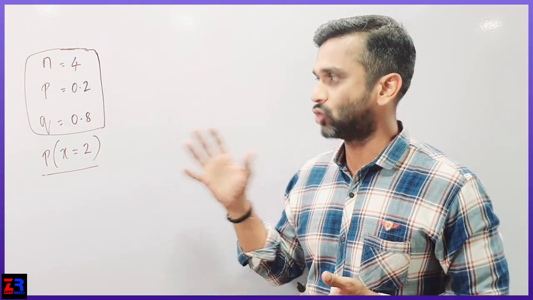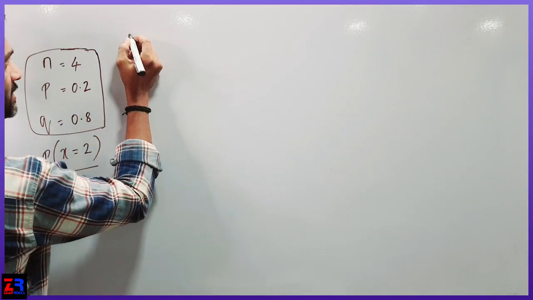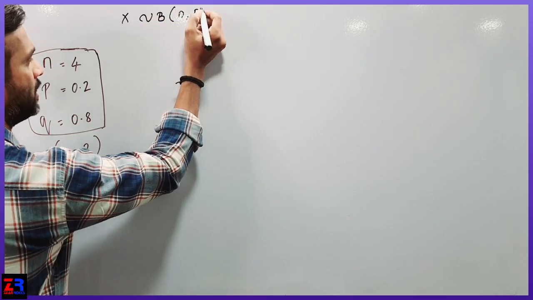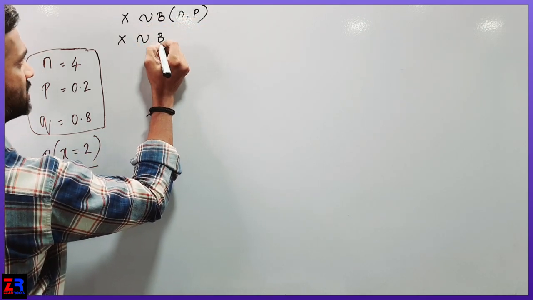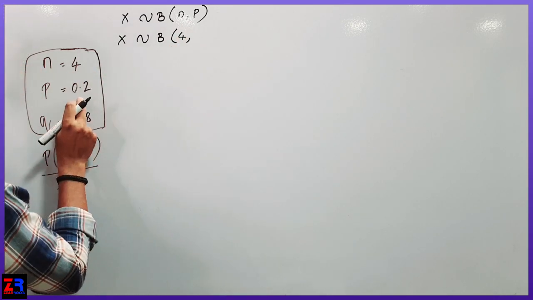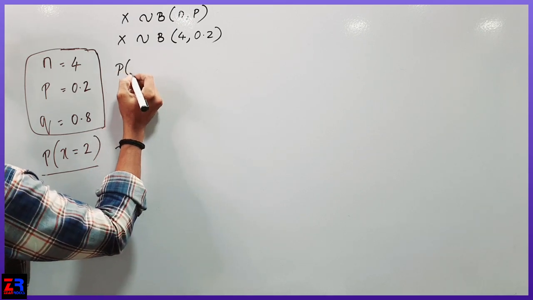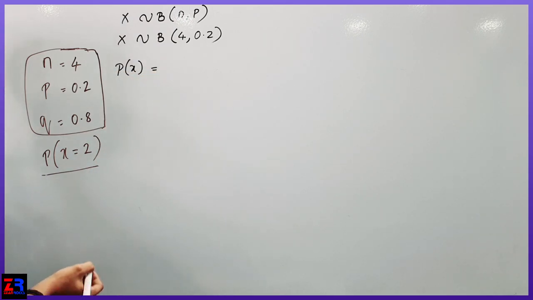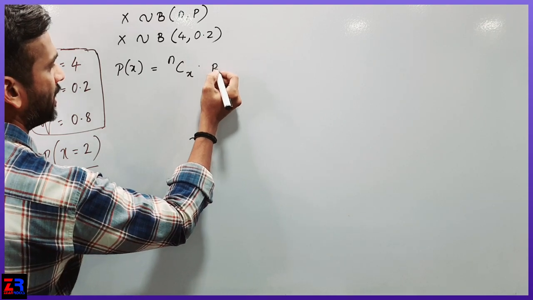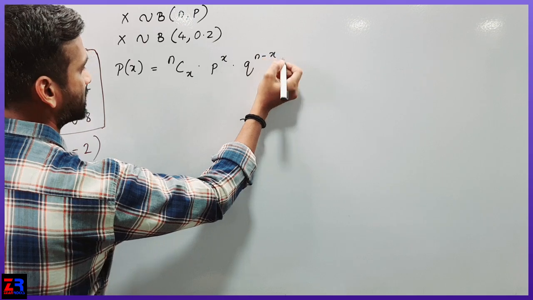Now, how to solve a question on binomial distribution? Here, I can say that x follows binomial distribution with n and p, that is n equal to 4 and p is 0.2. The formula of binomial distribution is probability of x equals nCx multiplied by p raised to x multiplied by q raised to n minus x.